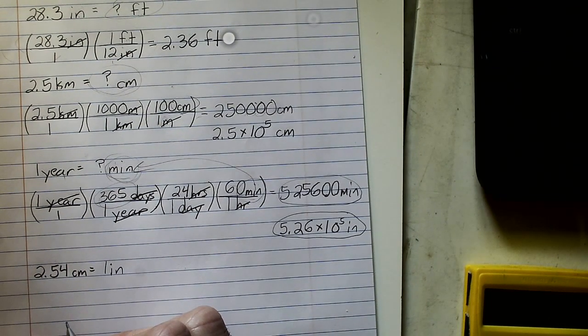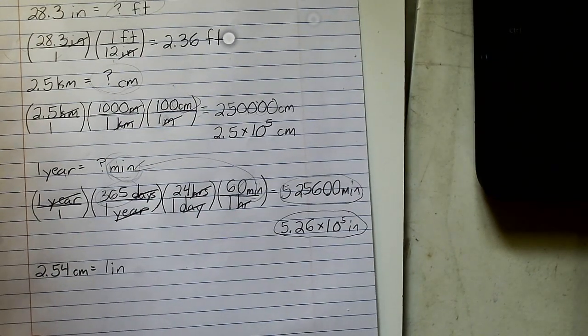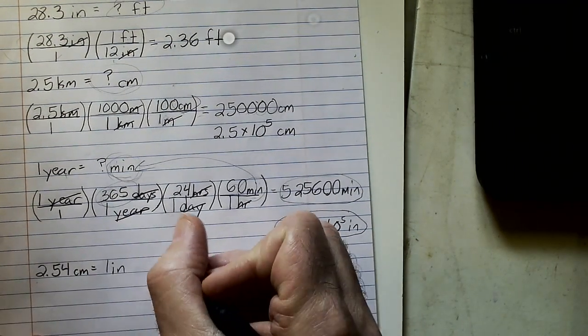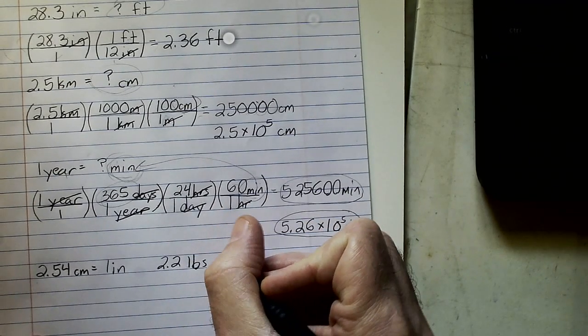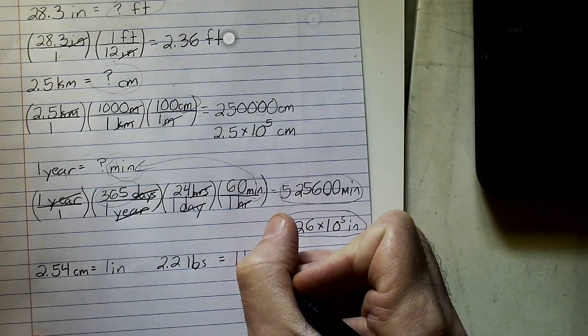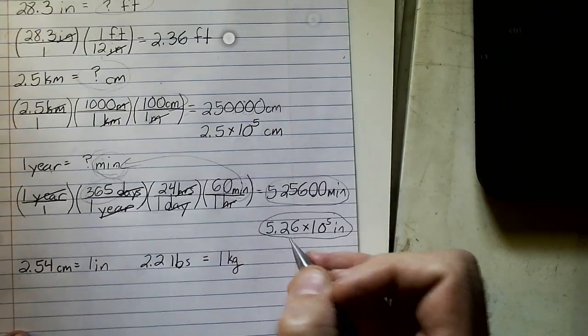Now the ones that you should know are there's, you know, 2 cups in a pint and 4 quarts in a gallon and all those. I'm just going to assume that you already know those. But let's see here. 2.2 pounds equals 1 kilogram. Again, it's an exact number.